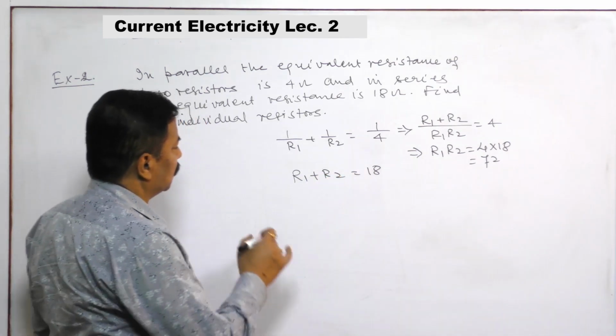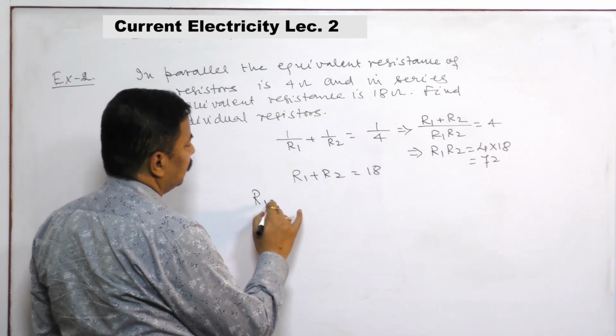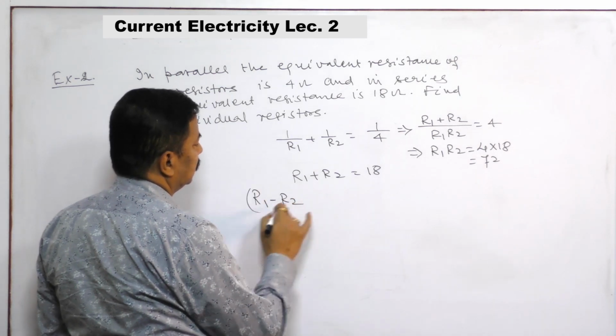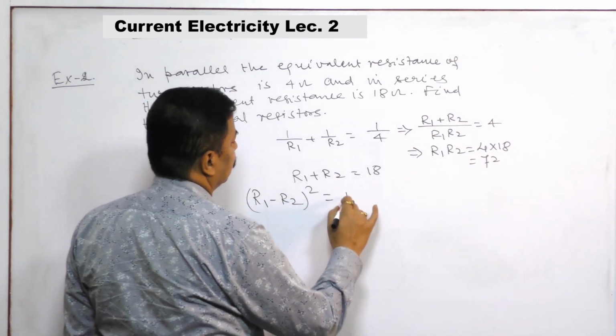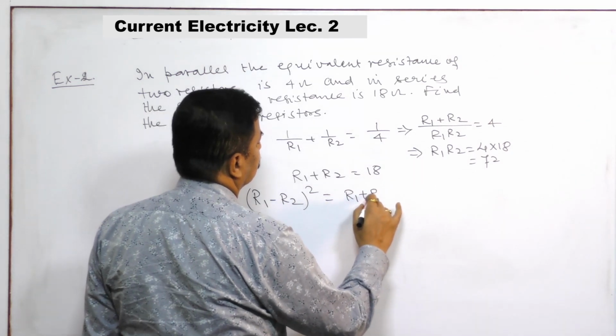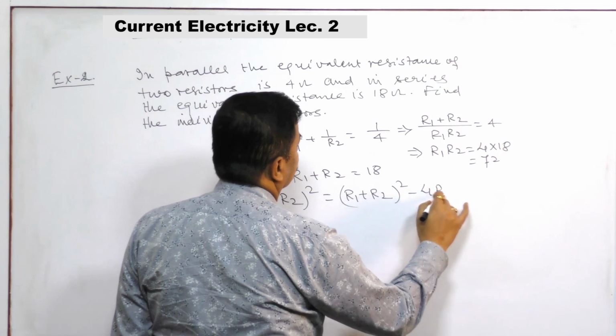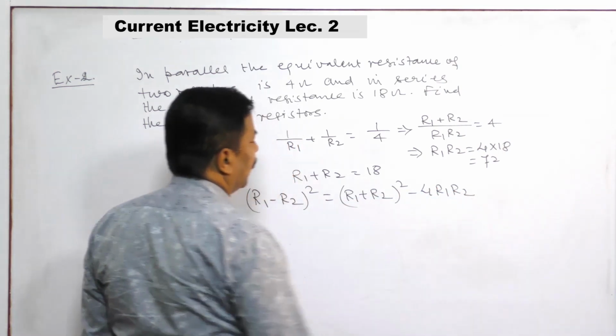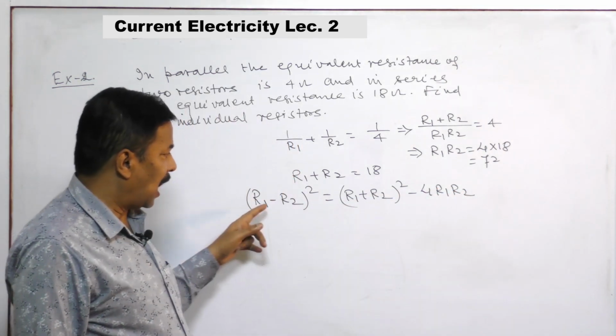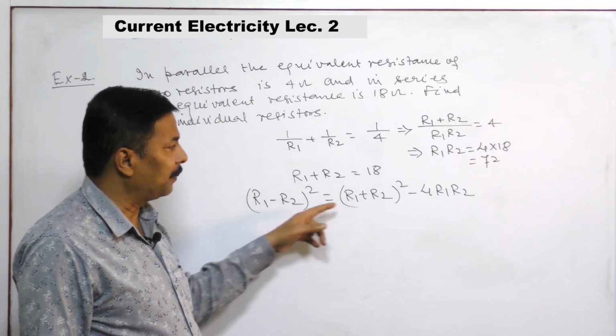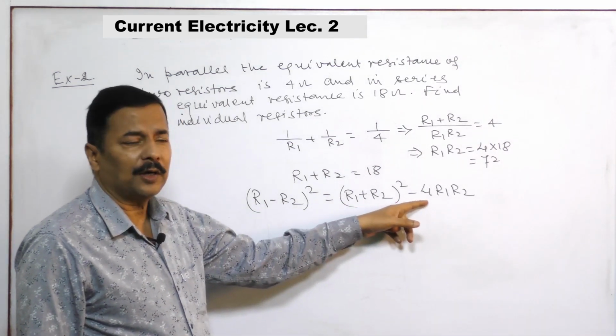First I am trying to get R1 minus R2. Here you see A minus B whole square is A plus B whole square minus 4AB.